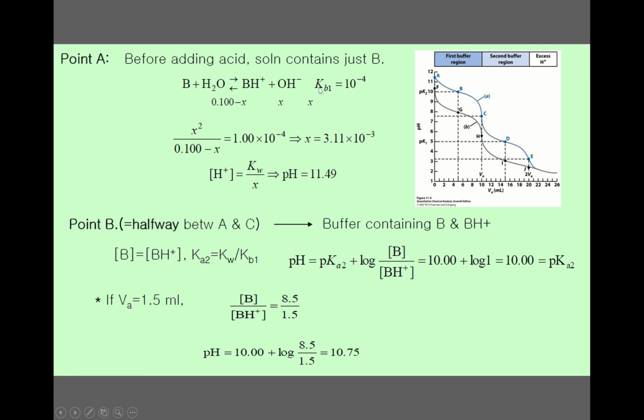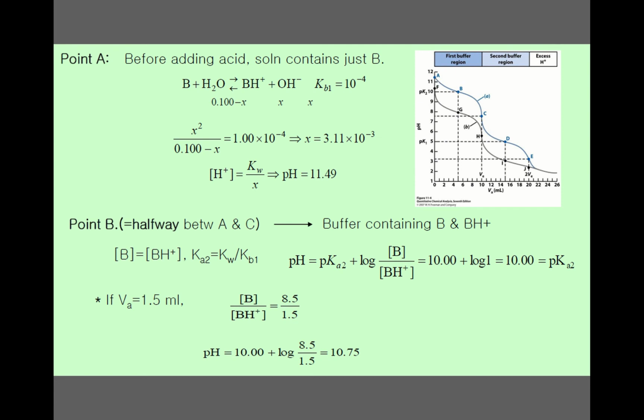In this case, Kb1 is 10 to the minus 4, and we solve this equation and get x, the hydroxide ion concentration, as 3.11 times 10 to the minus 3. So we can calculate the proton concentration, and the pH is now 11.49. This is the initial pH, before the strong acid is added.